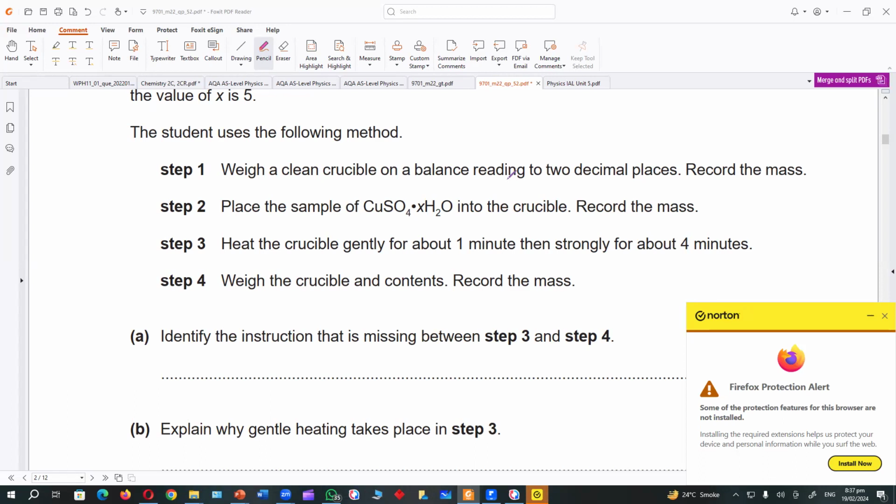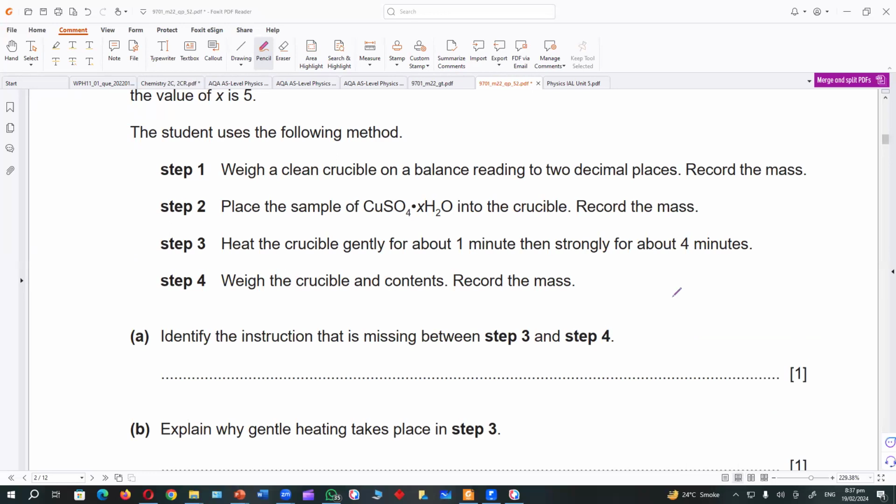If something is very hot, he says strong heating. So if something is very hot, should we put it on the weighing machine or it can be problematic? No, we should let it cool first. Good.